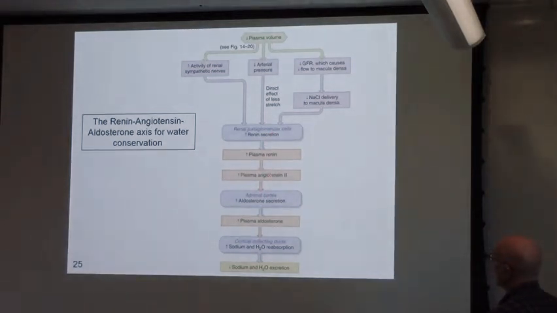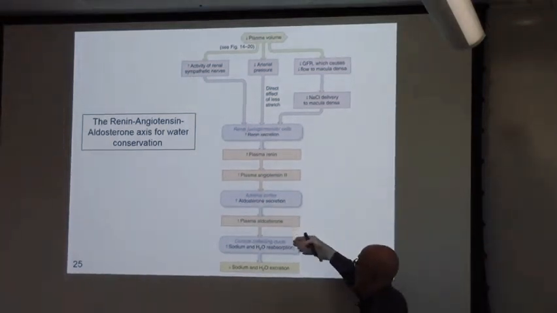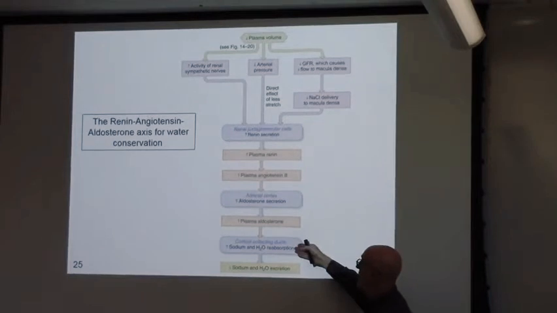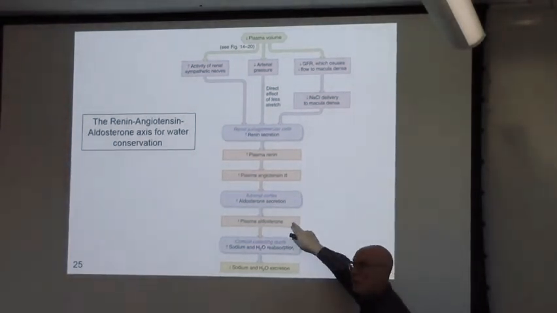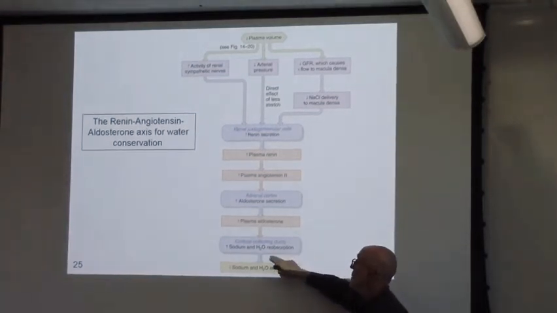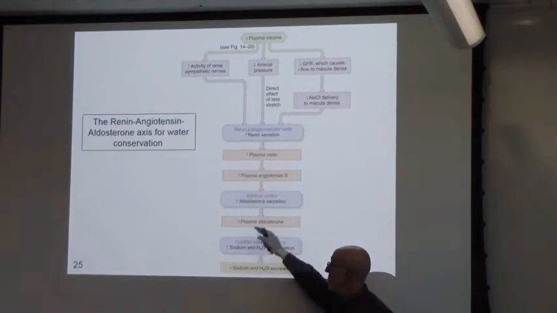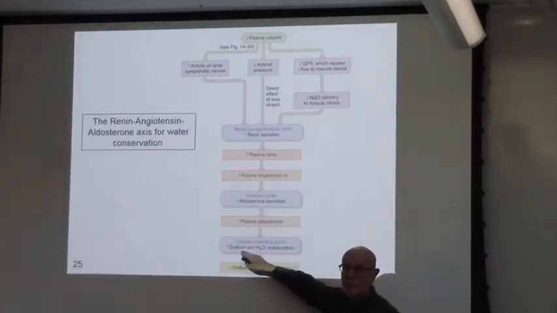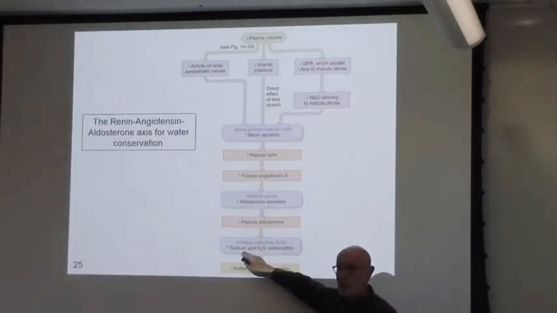There's the renin angiotensin aldosterone story. Aldosterone telling the cortical collecting duct, this is wrong, so cross this out. This is a mistake in your book. Plasma aldosterone telling the ascending limb of the loop of Henle to increase sodium reabsorption, making the hypertonic peritubular space.